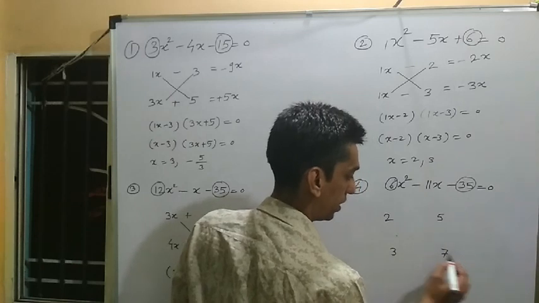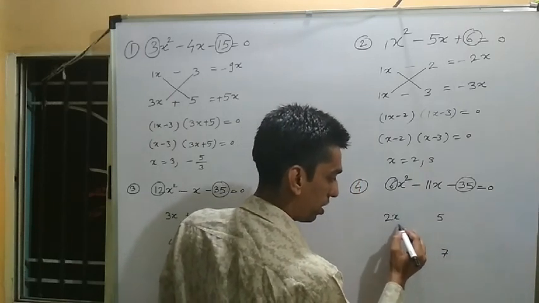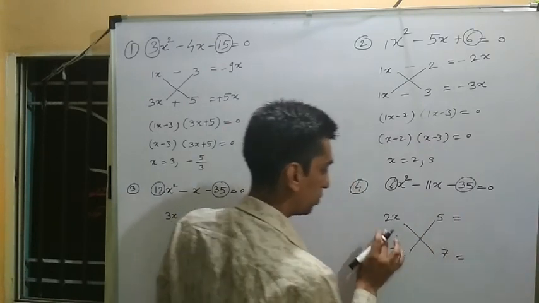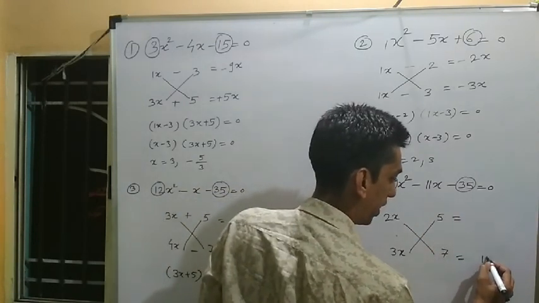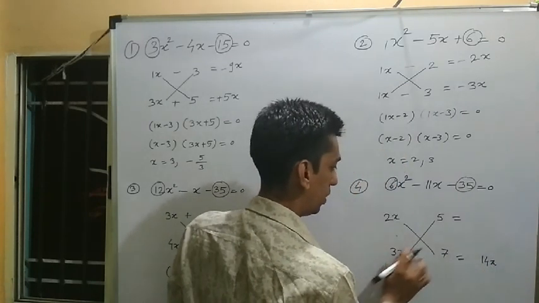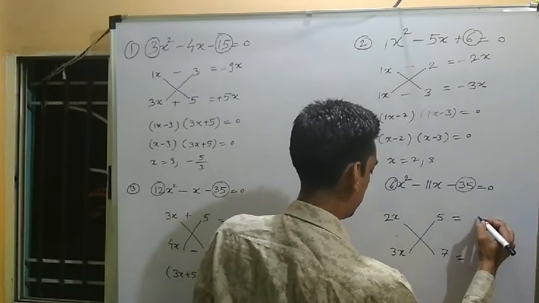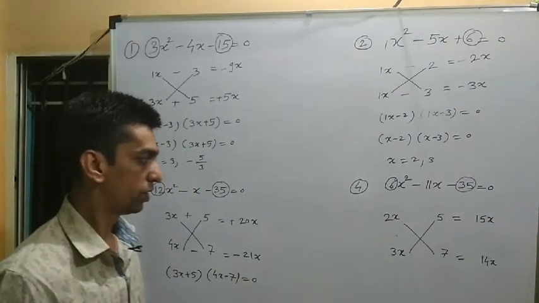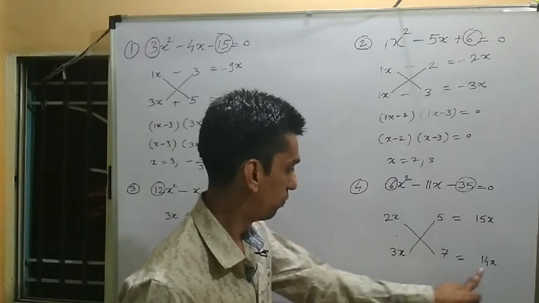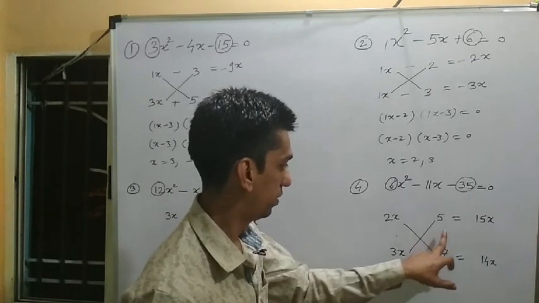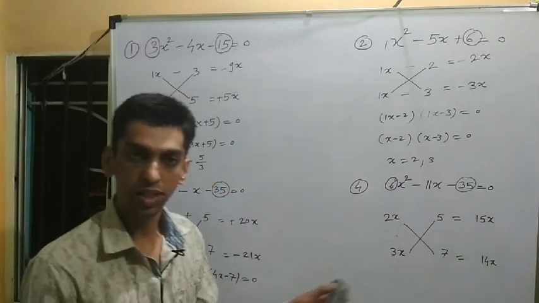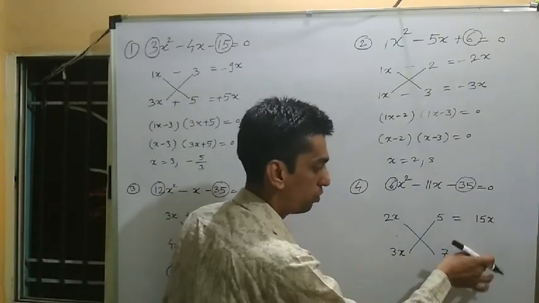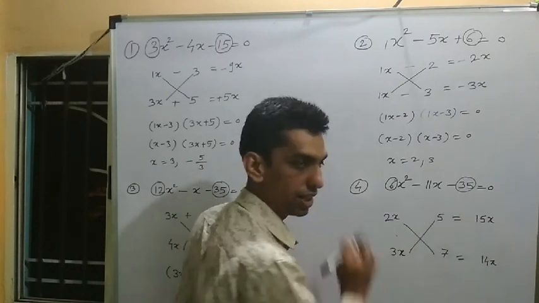5 7s are 35. Take x along with these two numbers. Then cross multiply it. So 2x into this 7 is 14x, and this 3x into this 5 becomes 15x. Here we see that if we apply the combination, if we add both these terms, we will not get minus 11x.